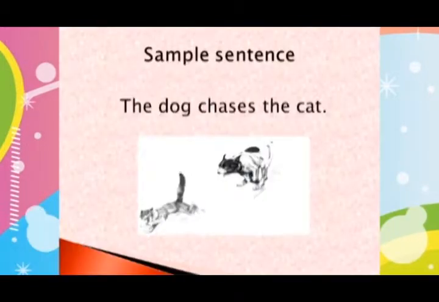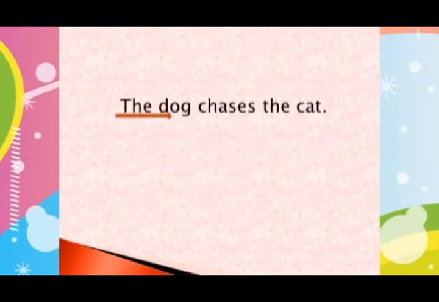Now let us look at a sentence and see how best we can identify the subject and the verb. The dog chases the cat. What is the subject? What is the verb? Let's discuss. The dog is the subject of the sentence.